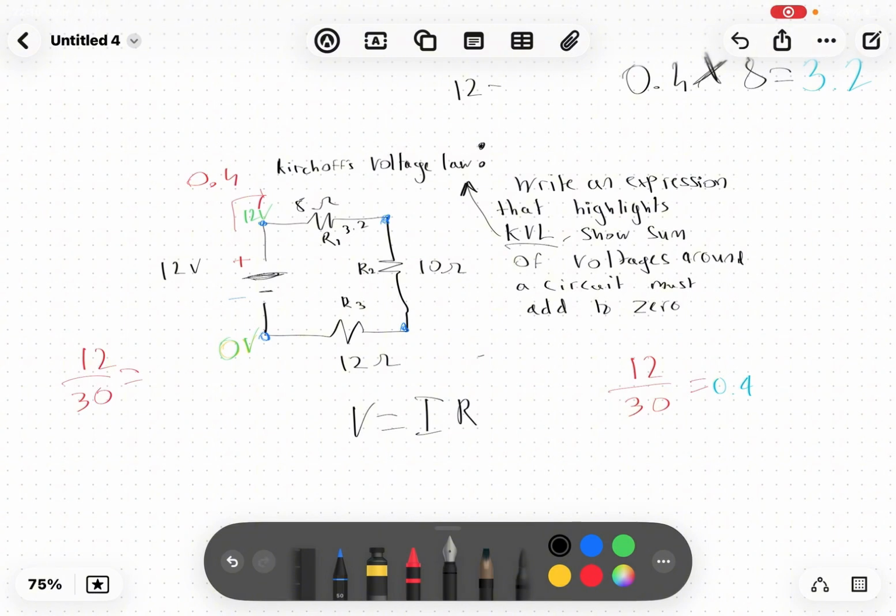Let's say this is A, B, C. D we don't care about because it's 0. To calculate B, we do 12 minus the voltage for R1, which is 3.2. It's going to decrease, which is logical because of the resistor. So this is going to be 8.8.